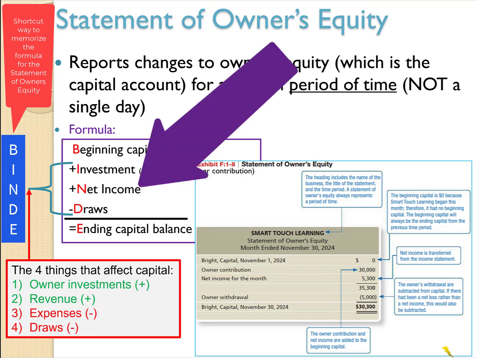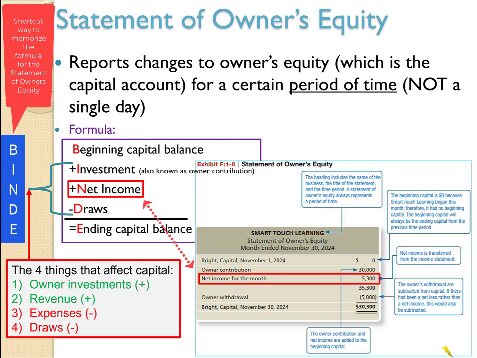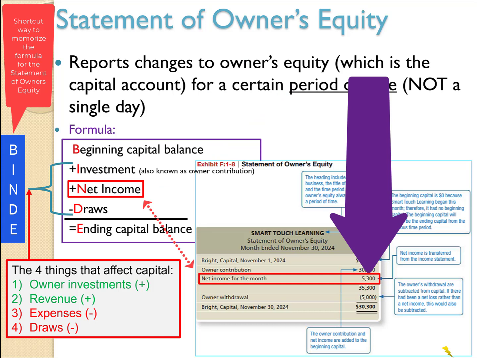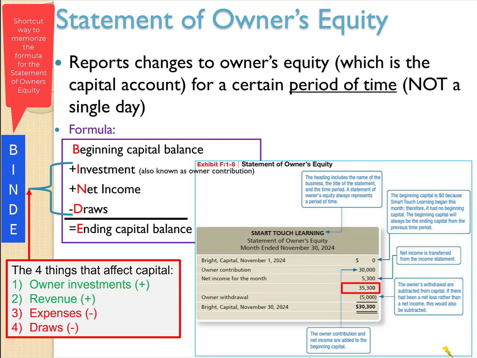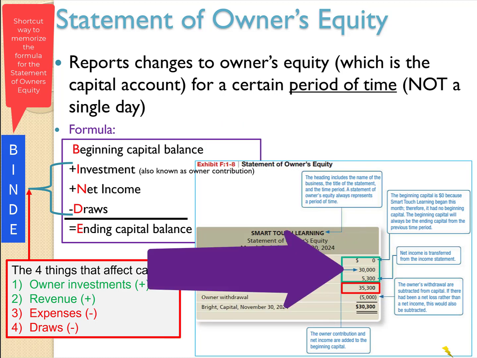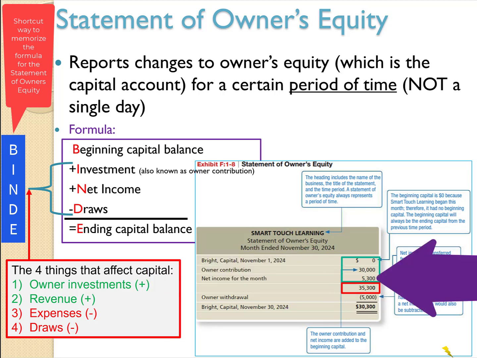And then back to my formula, the N in BIND with an E stands for net income. We're going to add net income. And looking at this statement of owner's equity, their net income is $5,300. And then notice we have a subtotal of $35,300. That subtotal is obtained by taking the beginning capital plus the owner contribution plus the net income.